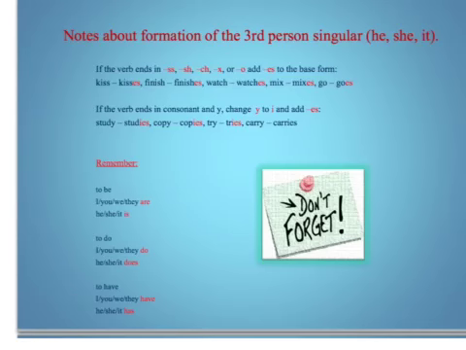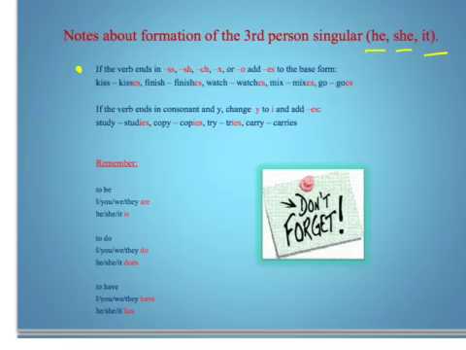As you have probably noticed in the previous slide, the verb with a third person singular, he, she, it, has changed. If the verb ends with s, sh, x or o, add es to the base form.